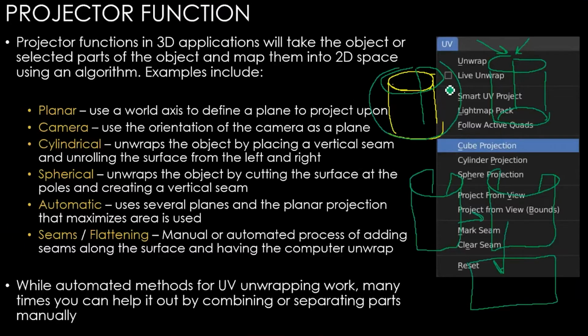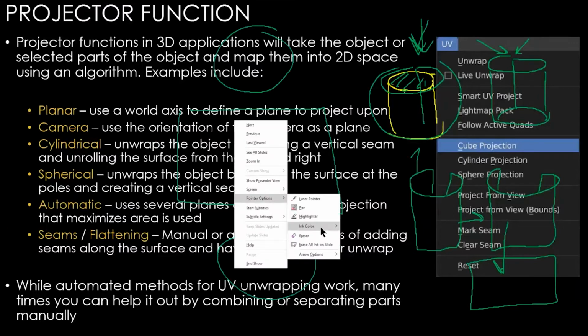And usually with a cylinder as well, it might do a planar projection on these top parts right here, because obviously this top is flat, and if you come at it with a planar projector straight down, that's the best way to unwrap that particular surface. So a cylinder might look something like this. You'll have flat here where it's unrolled, and then you'll have the top and the bottom right there where it's been planarly ripped off. And then we'll go and clear this off.